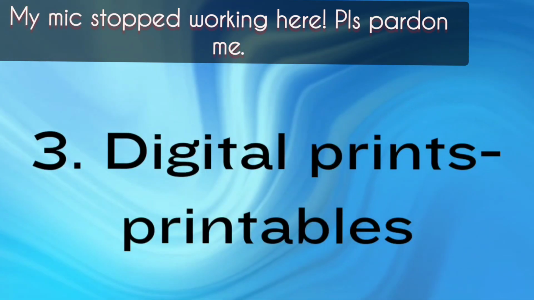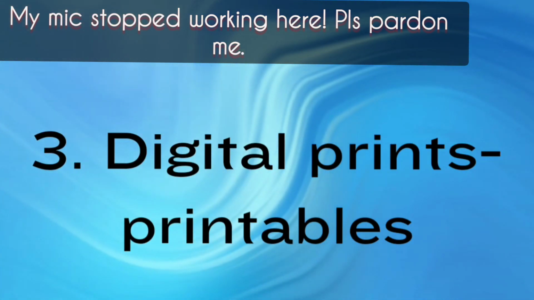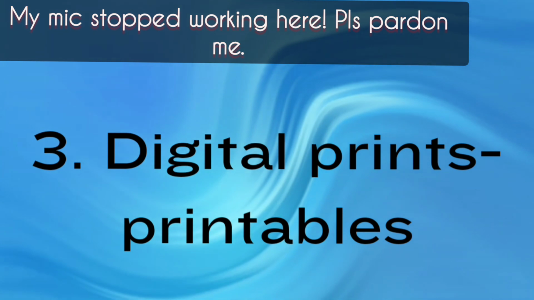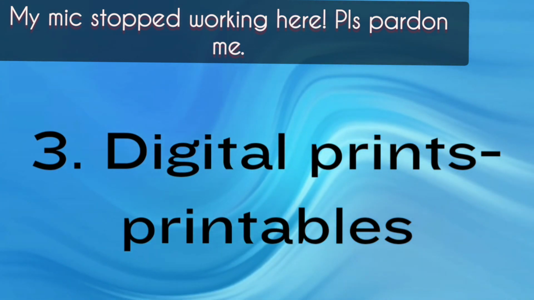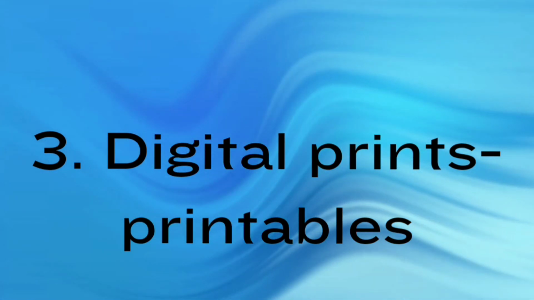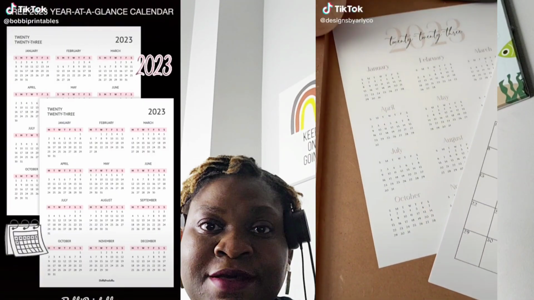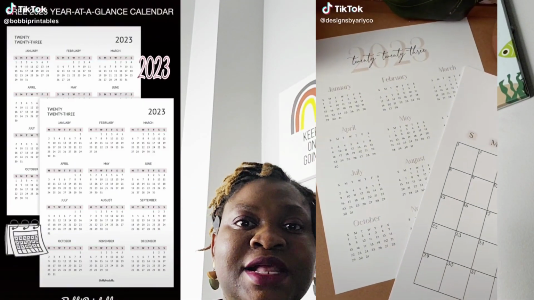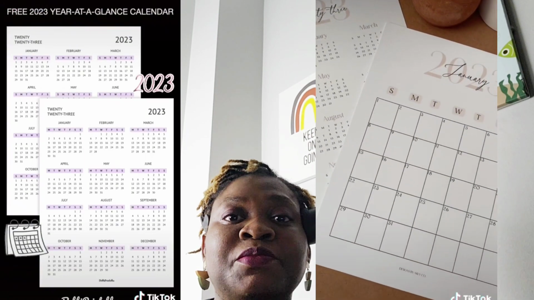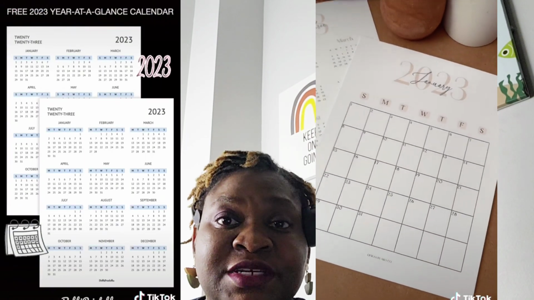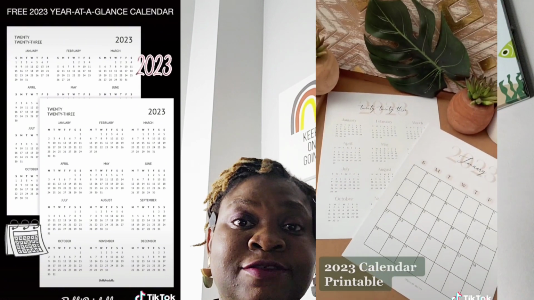My number three side hustle is creating digital prints, like printable products. I'm going to be using digital calendars as my example. So let's go to ST and let me show you, because we're coming to the end of the year. You can create calendars for 2024 and get your templates on Google.